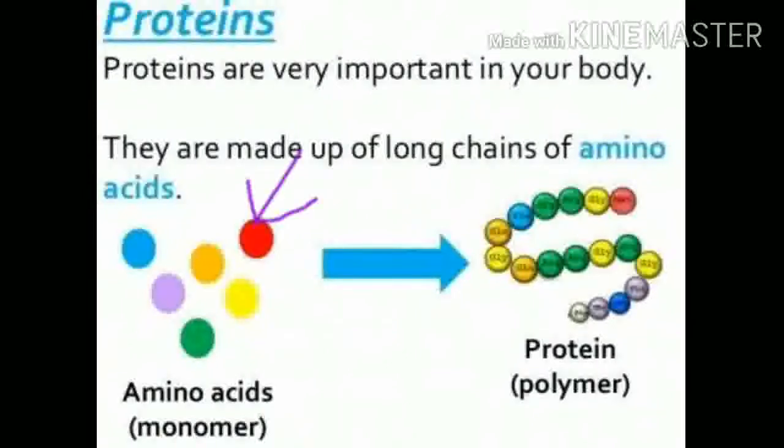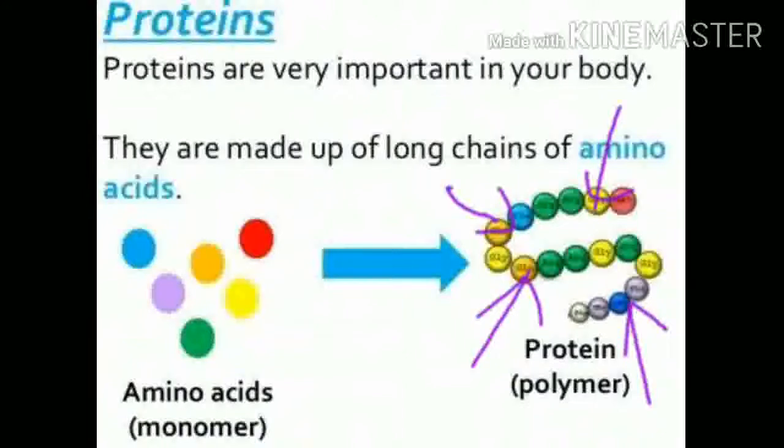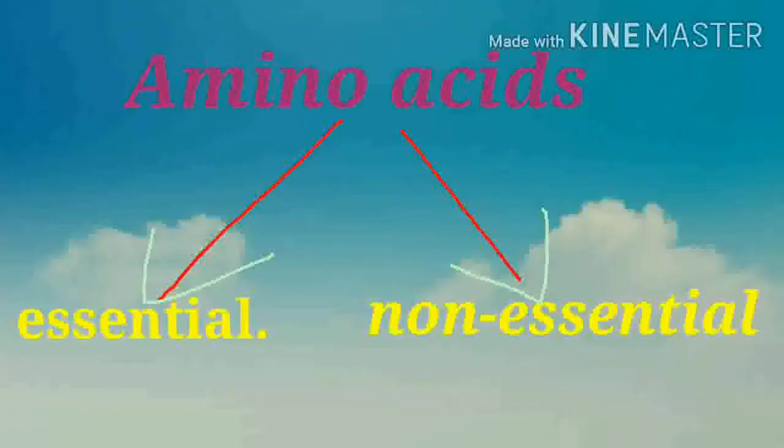Look at this picture. The arrow mark shows single amino acids. Each colored circle is called an amino acid. These amino acids are joined together like beads. On the right hand side, there is a chain-like structure where amino acids join together to form a chain. We call it protein. So protein is made up of many amino acids.